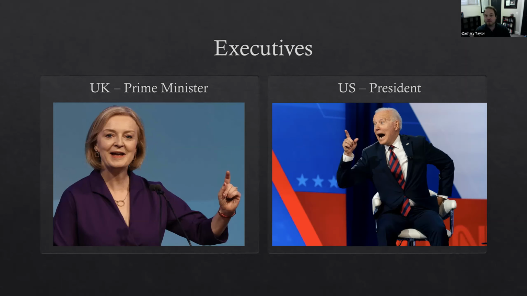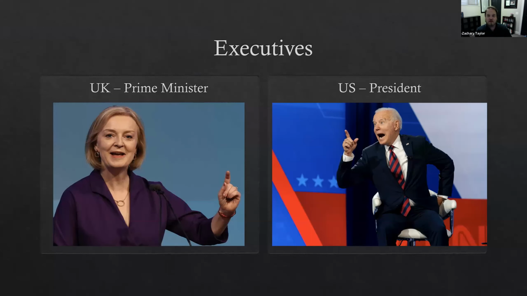Then we have the executive branch. And in the UK, we have this very strong influence of the Queen, but the Queen, the monarchy, does not actually sit in the executive branch. It is a semi-executive type of position. But we have to understand two distinct types of executives around the world.